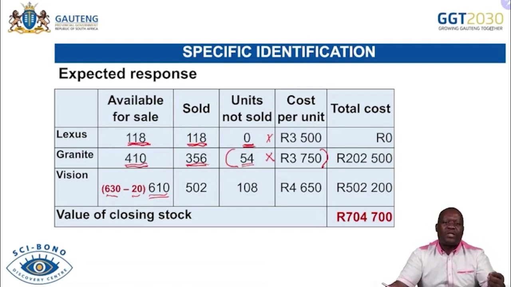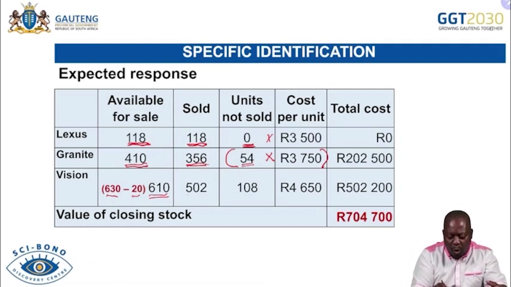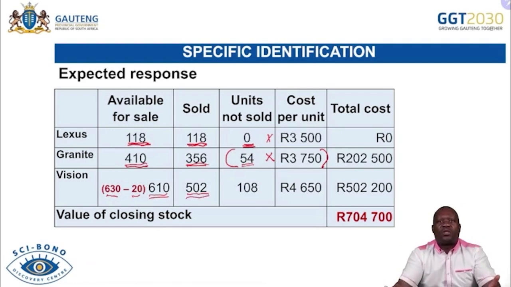When you return to the supplier, it means there are fewer available now to be sold. So we have got 610 available. But were they all sold? No. Only 502 items have been sold. So it means we still have got something with us. How many are still there?